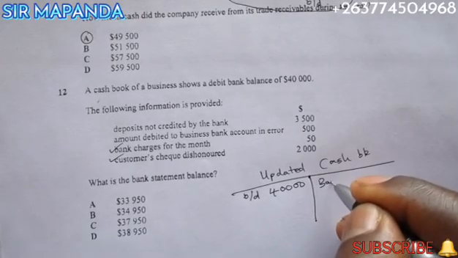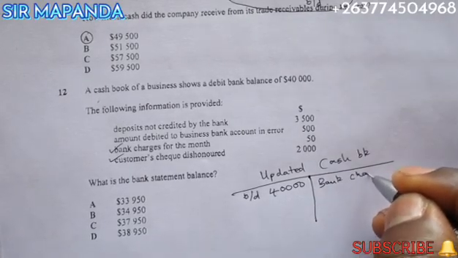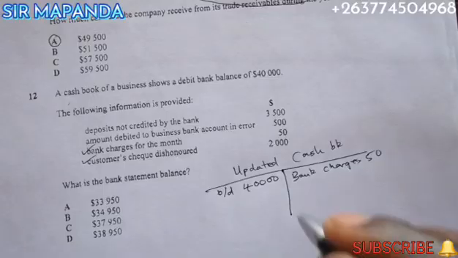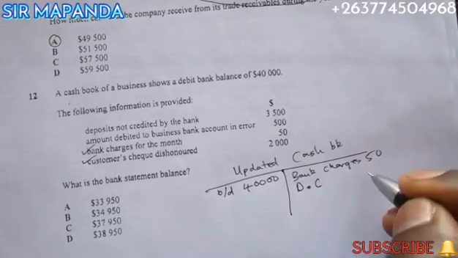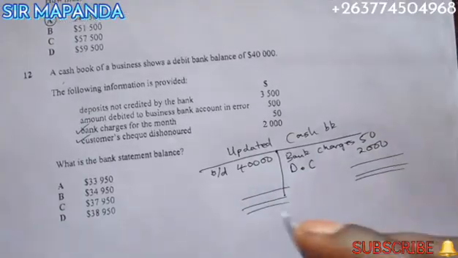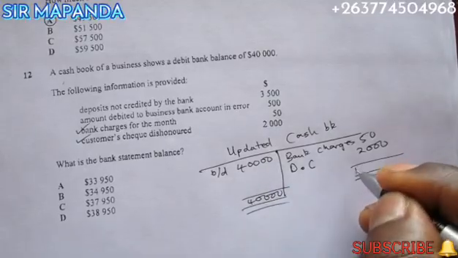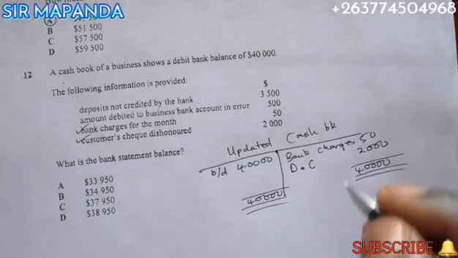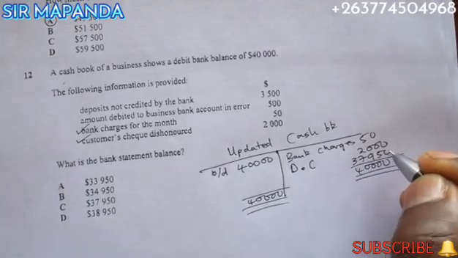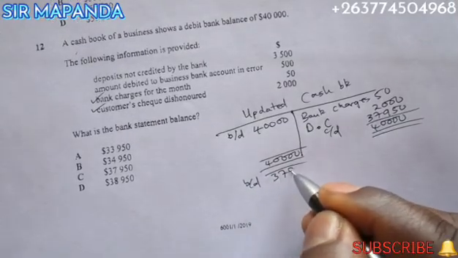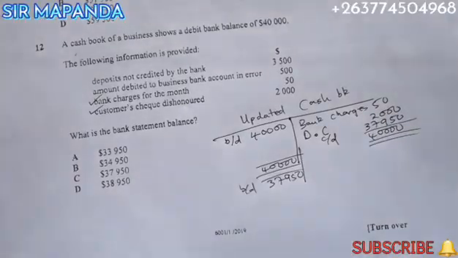So we have bank charges of 50. We also have a dishonored check of 2,000. I hope you are following. Something like this. So 40,000 and 40,000 are posted in the totals. So 40,000 minus 2,000 minus 50, you get 37,950, representing your balance CD to be brought down as 37,950 here on the debit side. I hope you are following.